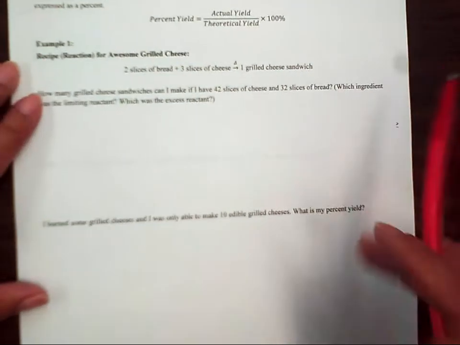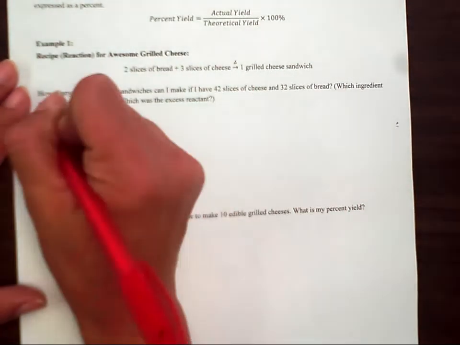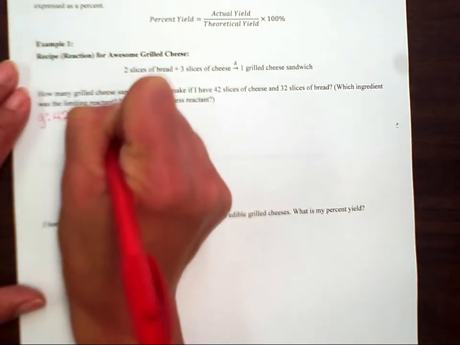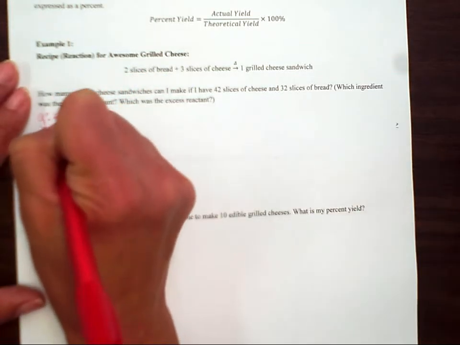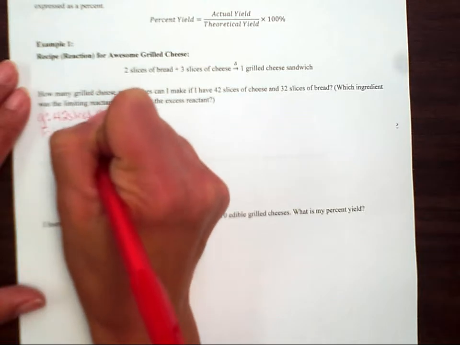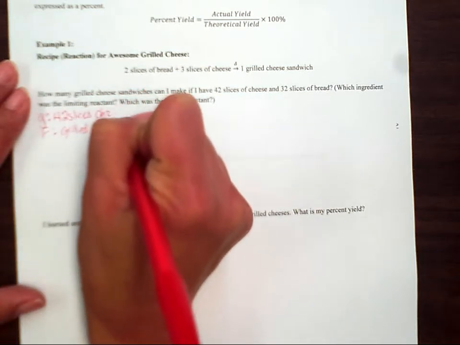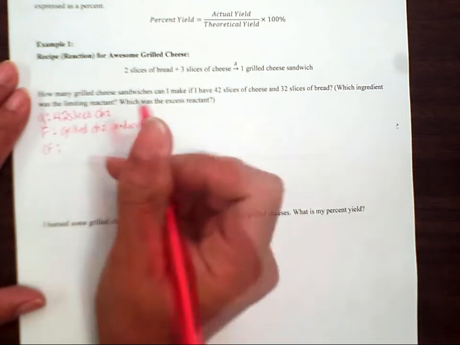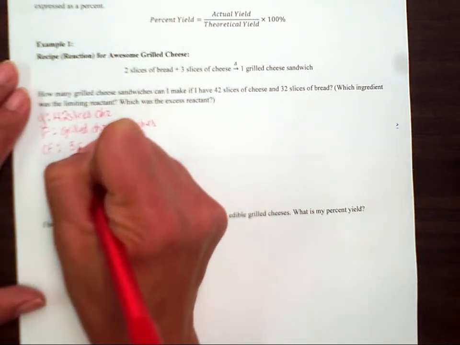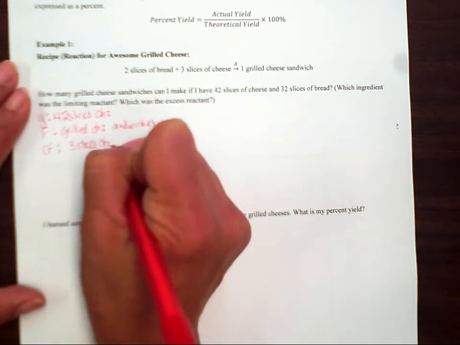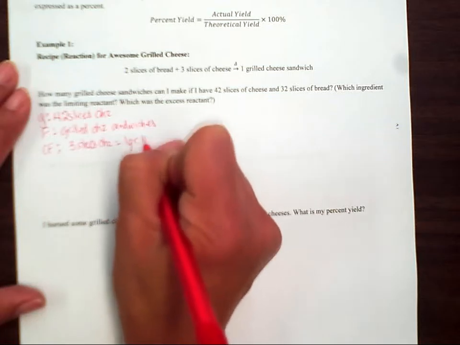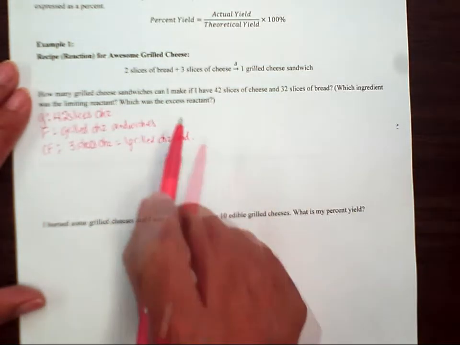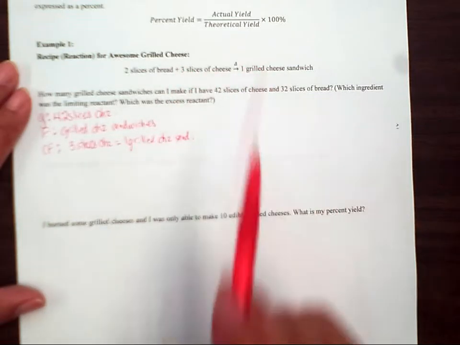If we begin with the given 42 slices of cheese, we're trying to find how many grilled cheese sandwiches. The conversion factor is that 3 slices of cheese are equal to 1 grilled cheese sandwich. We get that from this relationship right here.